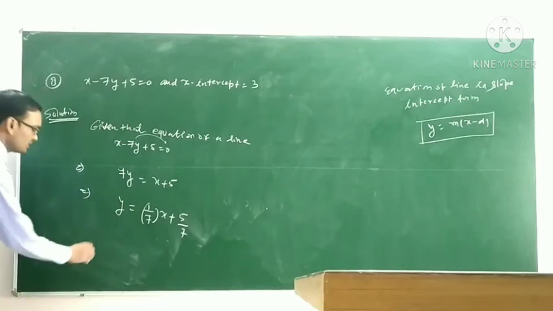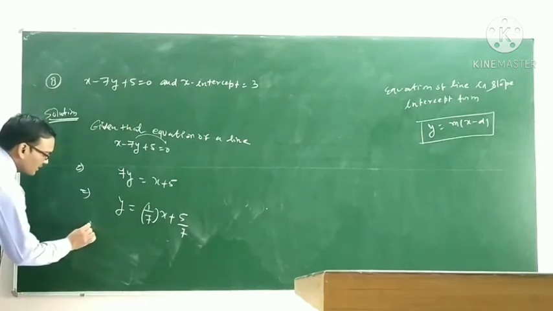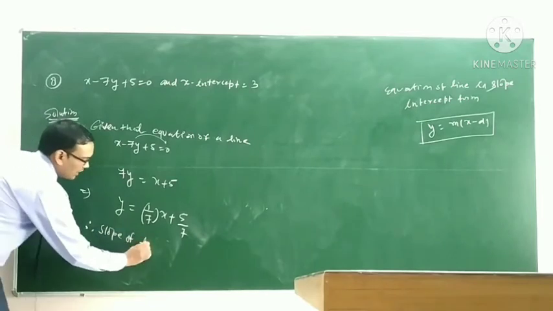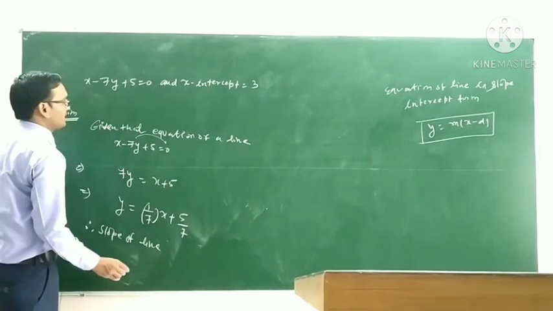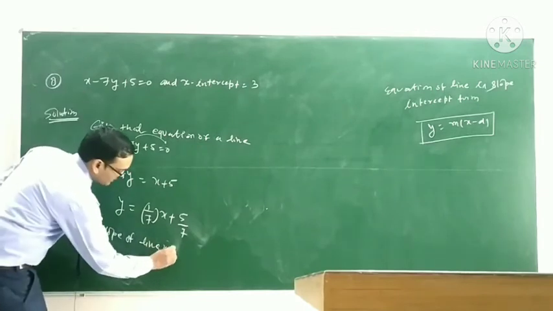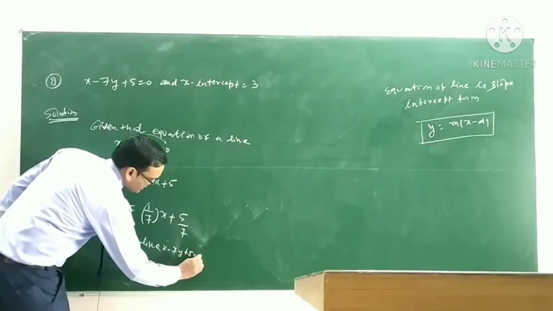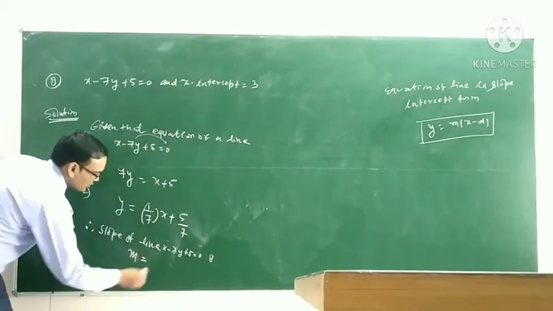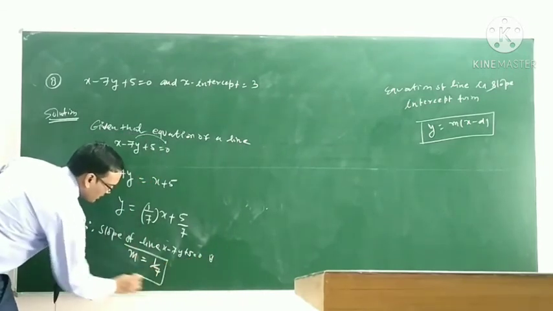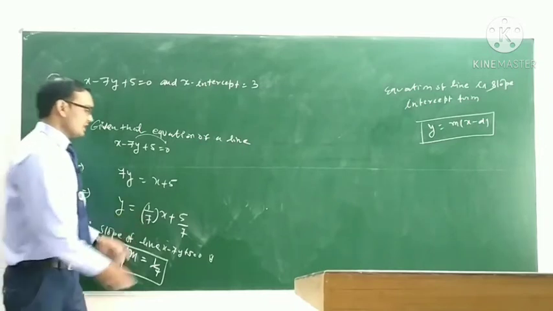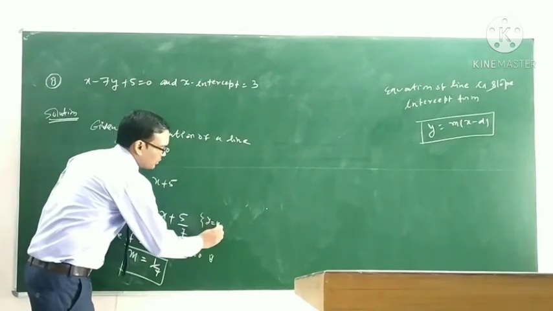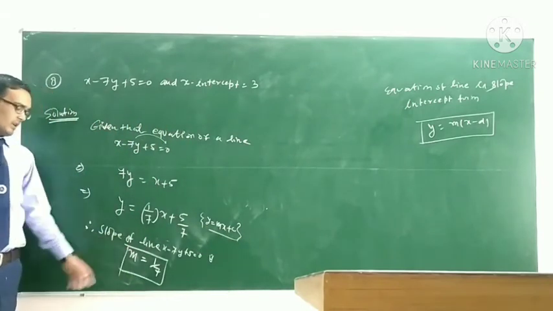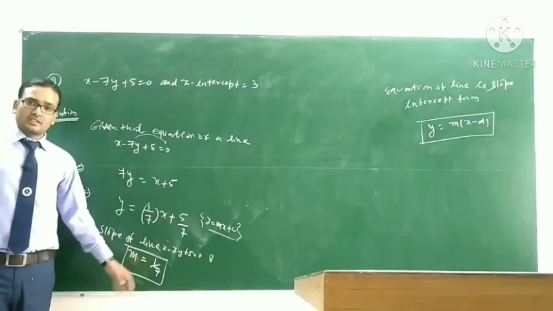Okay students, therefore the slope of line x minus 7y plus 5 is equal to 0 is m equal to 1 by 7. We compare with y equal to mx plus c and find the value of m is equal to 1 by 7.